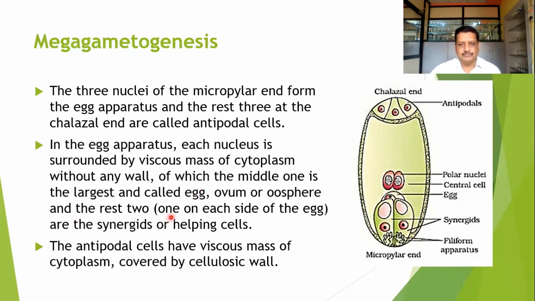The rest 2, which are known as the synergids, are nothing but the supporting cells to the egg cell. The antipodal cells have the viscous mass and the cytoplasm covered by the cellulosic wall. Here you can find that these 3 antipodals are present at the chalazal end.